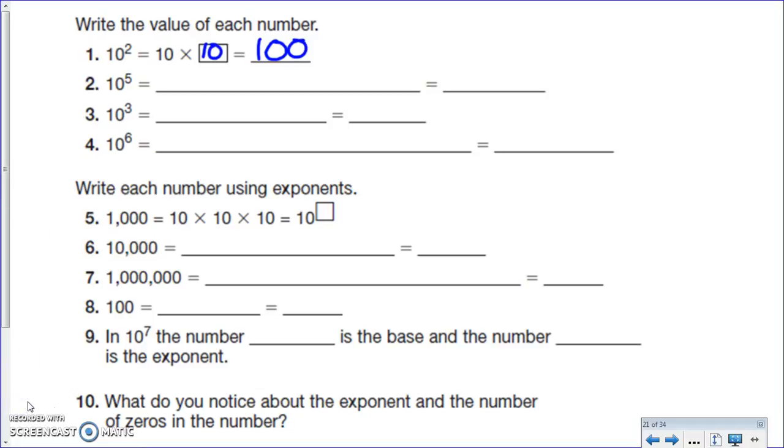For number 2, we have 10 to the fifth, so it's going to be 10 multiplied by itself 5 times, which gets us 100,000. For 3, we have 10 to the third, or 10 cubed. So we have 3 tens multiplied together, and that equals 1,000.